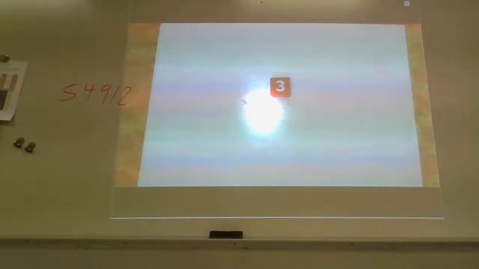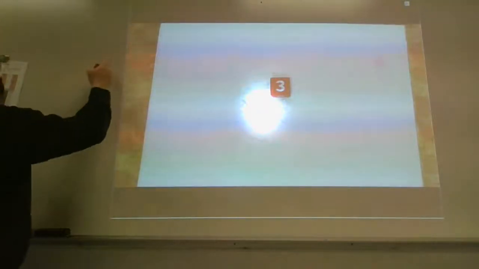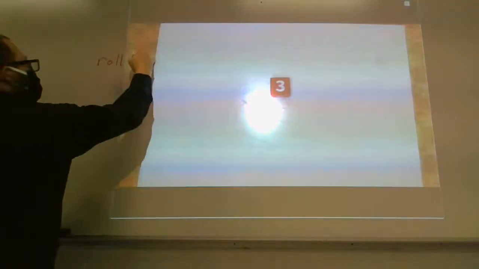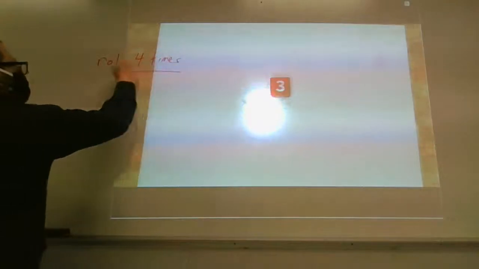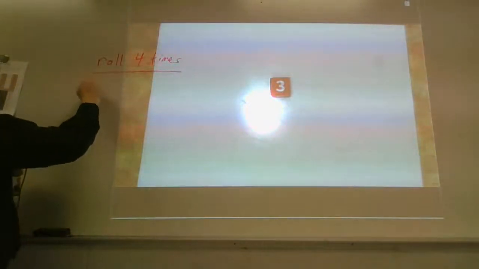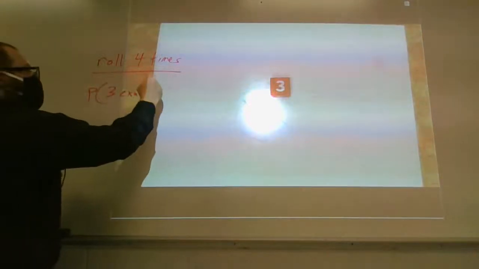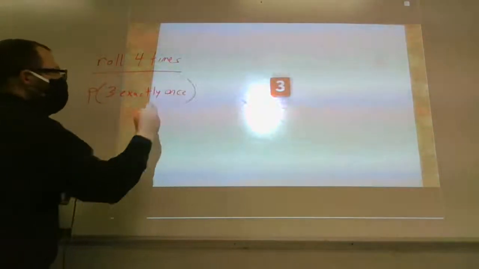What are the chances? I'm going to write this on the board to exemplify this point. And I'll repeat the question. What are the chances that if I roll this die 4 times, I'm asking for the probability of getting a 3 exactly once.